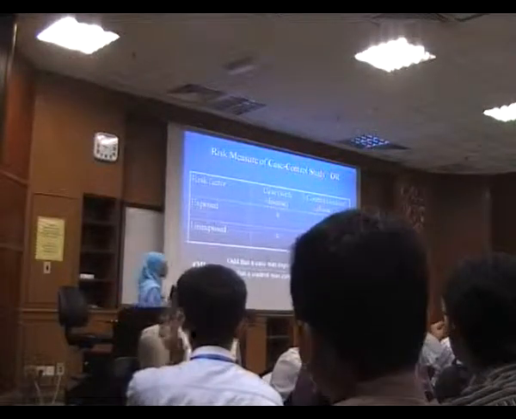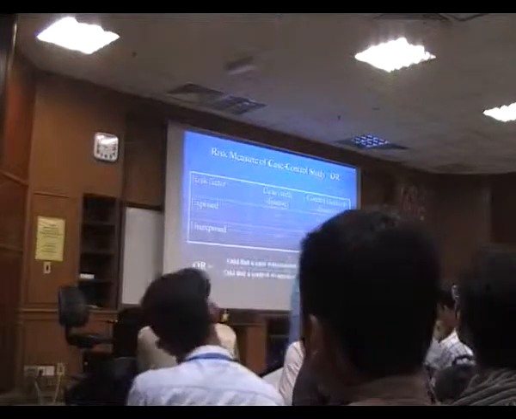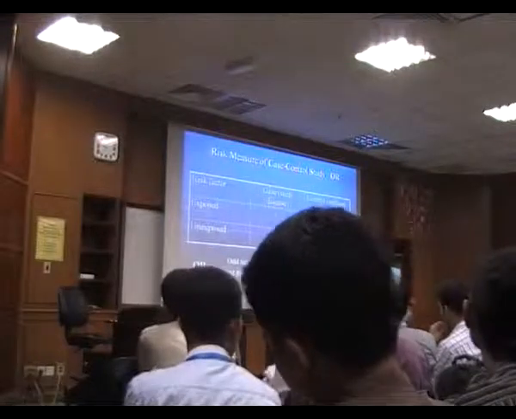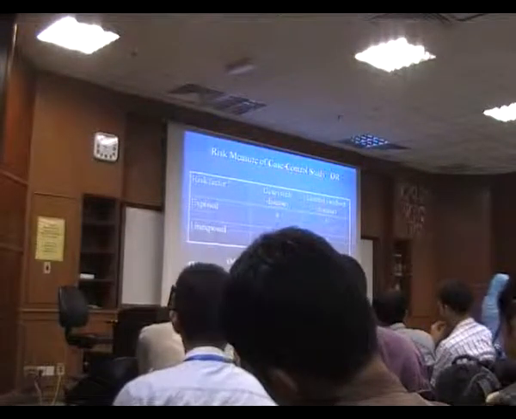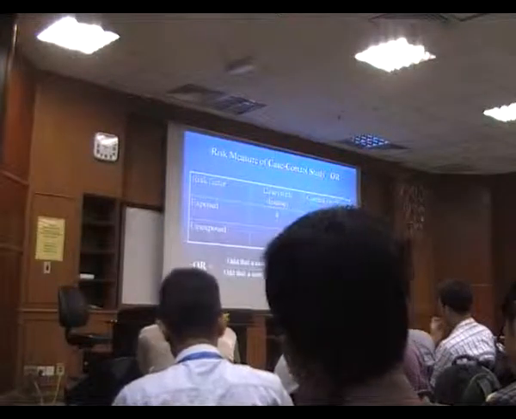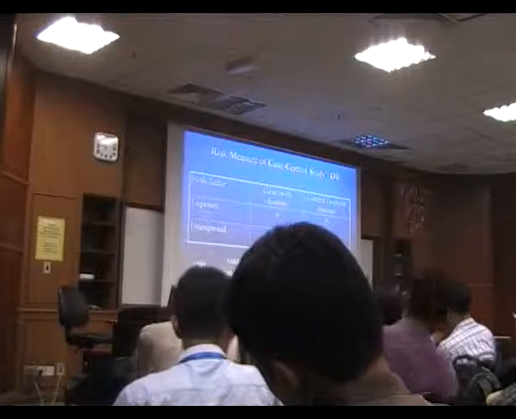You understand now? Clear, this is important for you. Very, very important: odds ratio and relative risk. For a case control study, the only measure of association is the odds ratio.